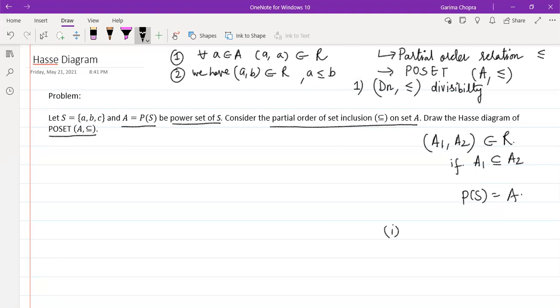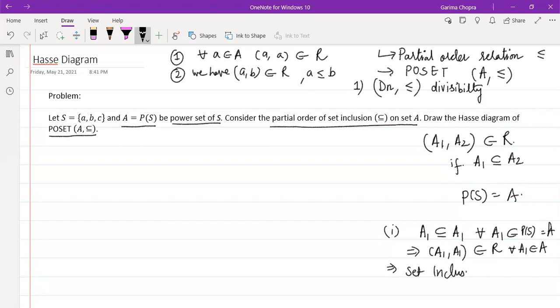It is very clear that each set A1 is a subset of itself, and this is true for all sets belonging to our set A. This implies that this ordered pair belongs to the relation set for all the elements of the set A. So this implies that set inclusion is a reflexive relation.